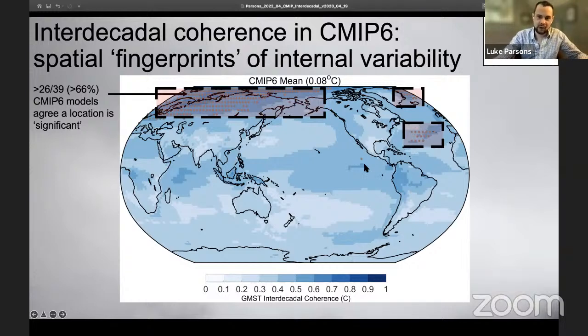The stippling program I used actually left out a couple here because of the spacing. There should be a little bit of the Eastern Pacific, but mostly the North Atlantic, going into the Arctic or Northern Asia. These are the regions that most of the models tend to agree are driving or associated with global mean temperature variability at these longer timescales.